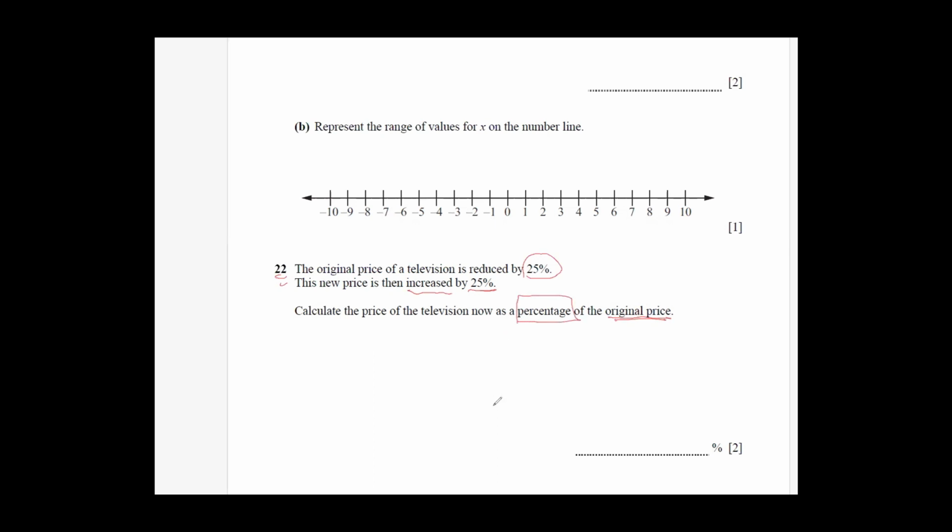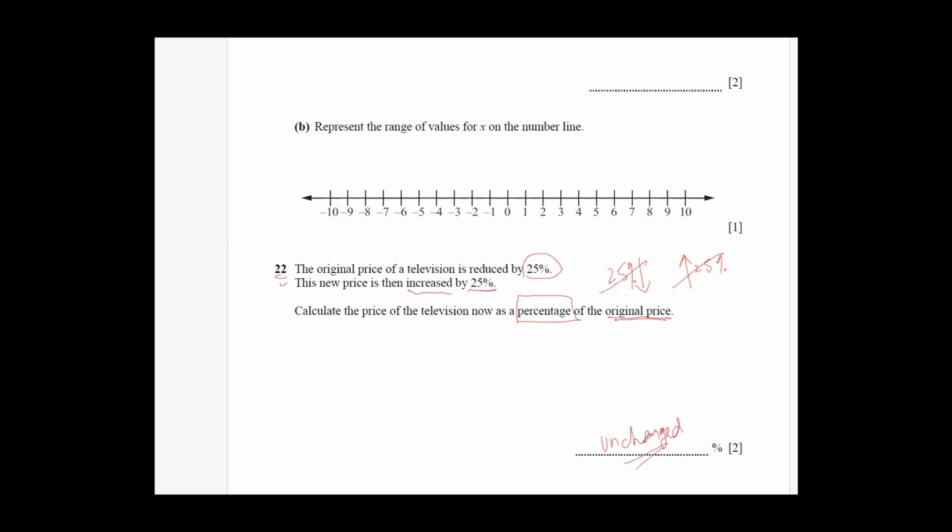Yes, normally students think that if 25% is being reduced and then increased by 25%, that means they would cancel each other and the original price is going to be unchanged. But that is not the case actually.